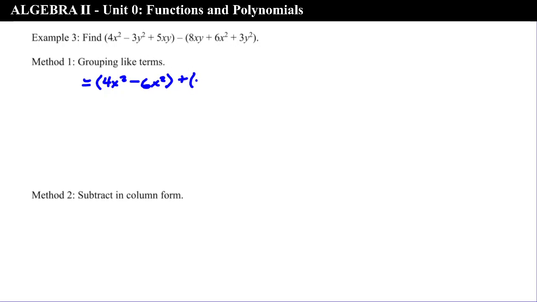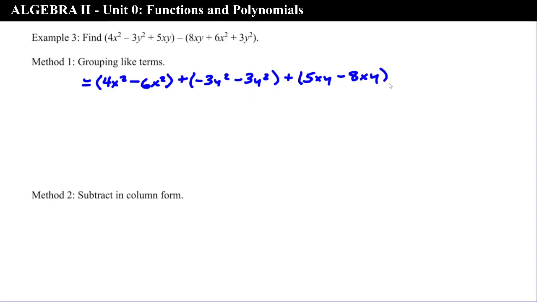We've got negative 3y squared, and we're subtracting another 3y squared. And then our final term, we've got a 5xy, and we are going to subtract the 8xy in the second polynomial.